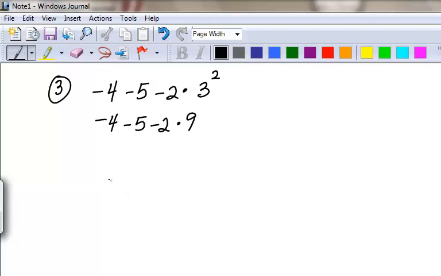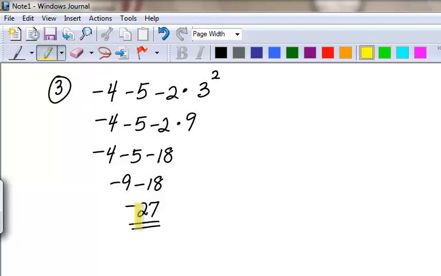Okay, then you do any multiplications or divisions from left to right. So you go ahead and write down the negative 4 minus 5. Then you multiply a negative 2 times 9, be a negative 18. Go left to right. Negative 4 minus 5 would be a negative 9. Minus 18 would be a negative 27. Then indicate your answer. Okay. And if you have questions, make sure you ask.